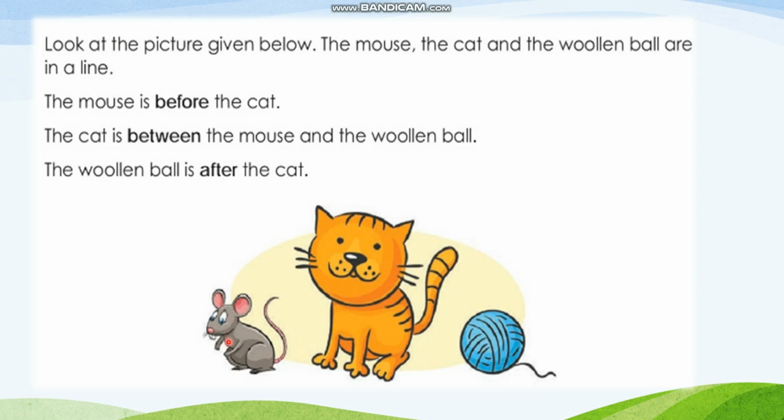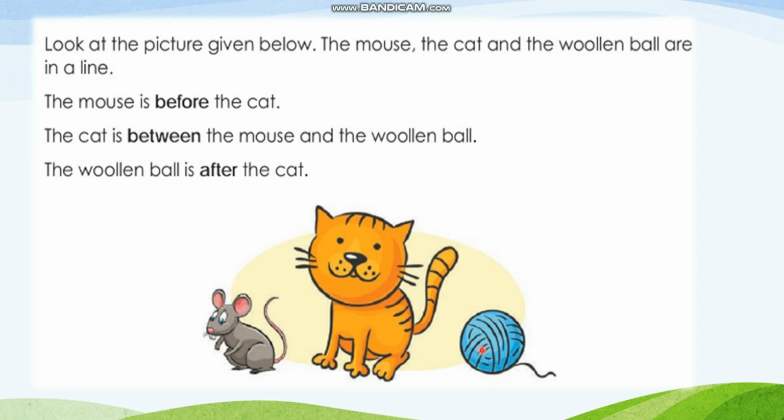The mouse, the cat and the woolen ball are in a line. Okay? So here we can say that the mouse is before the cat. And the cat is between the mouse and the woolen ball.